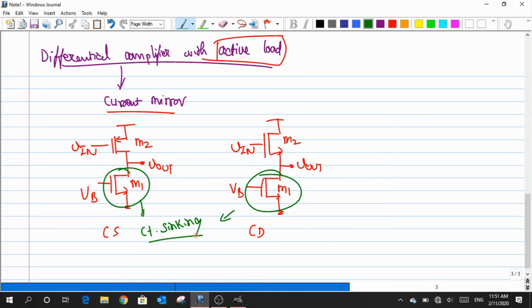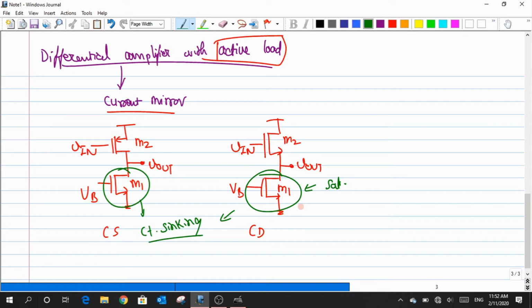So in this case, whatever I have as an M1 acts as a kind of current sinking circuit, and in order to have that kind of current sinking capability, I need to make sure that this M1 is being operated in the saturation regime, for which I have to ensure that I provide some proper value for the VB. Okay, are you clear?